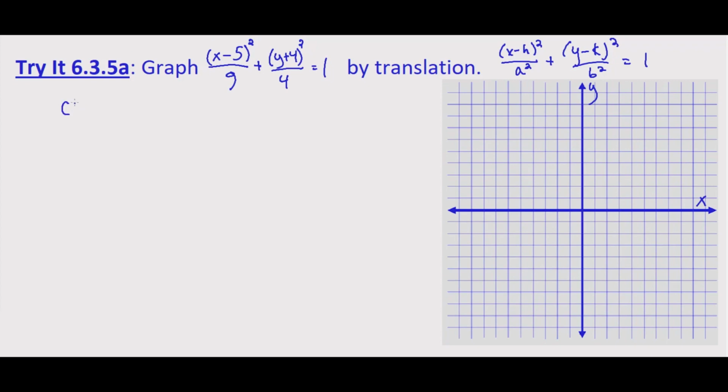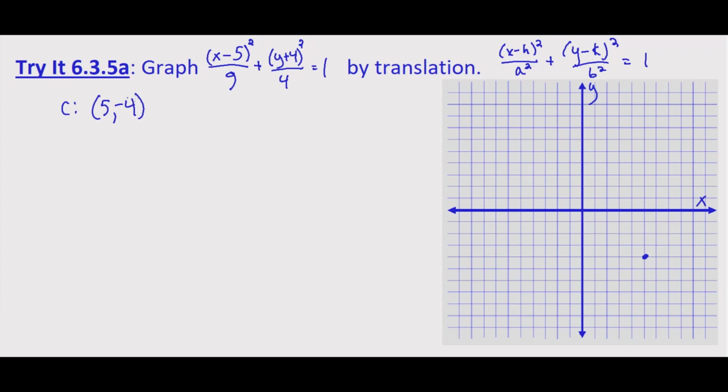In this case, we know the center is at (h, k). So that's going to be (5, -4), because we're subtracting 5 from x, and we're subtracting negative 4 from y. y plus 4 is the same thing as y minus negative 4. So we can say that the center is at (5, -4). And then everything will come from there.